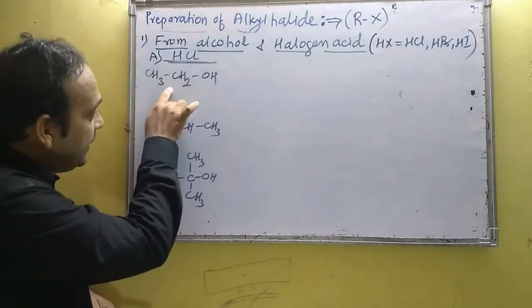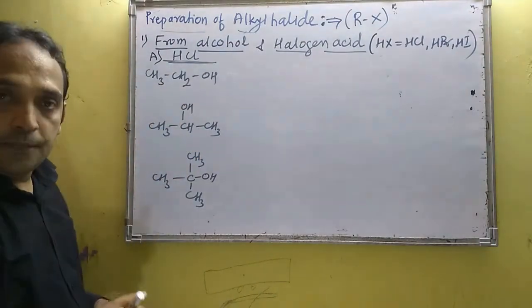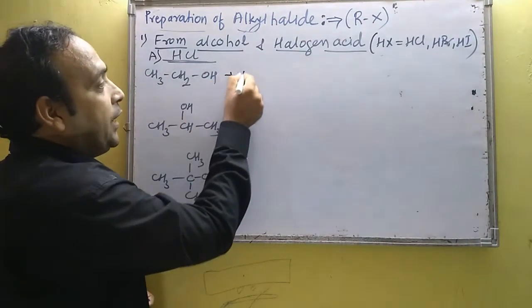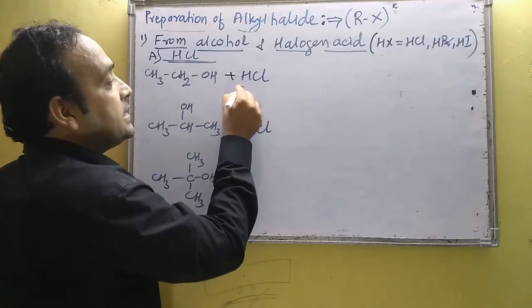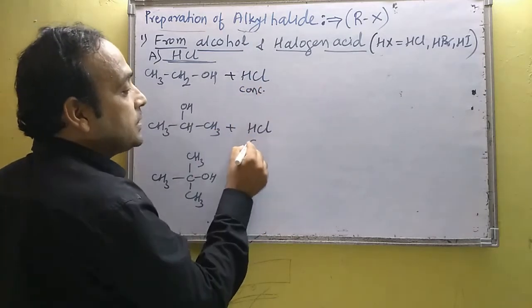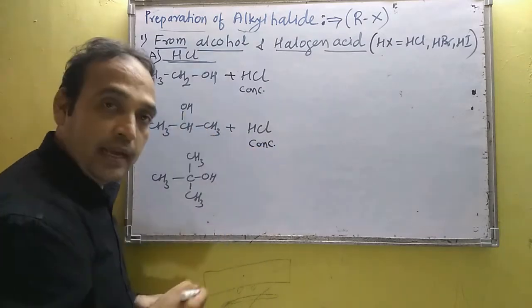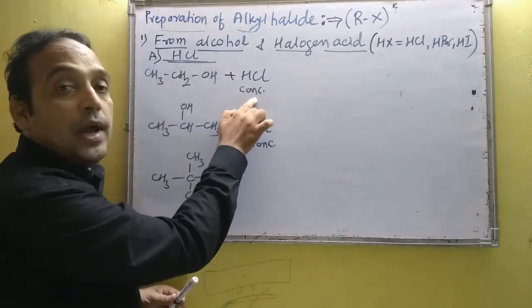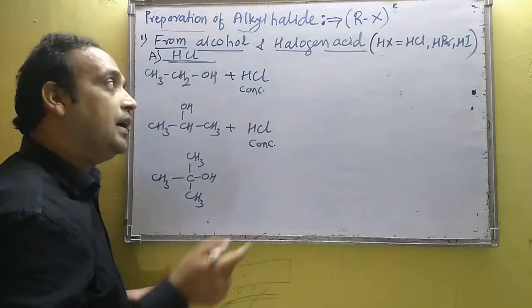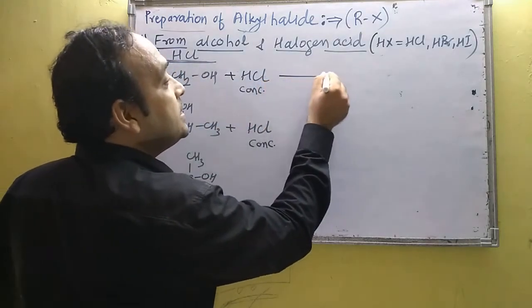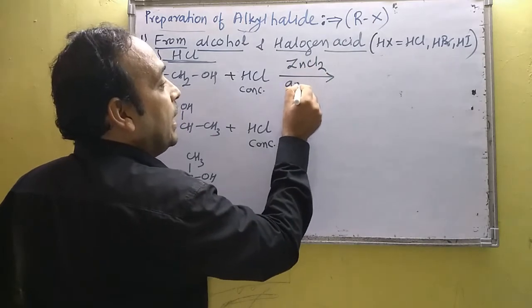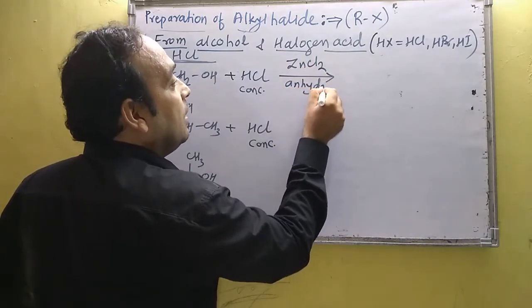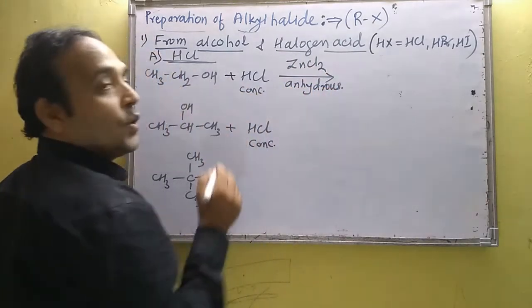When primary and secondary alcohols react with concentrated hydrochloric acid, here CONC means concentrated, the arrow condition used is anhydrous zinc chloride.